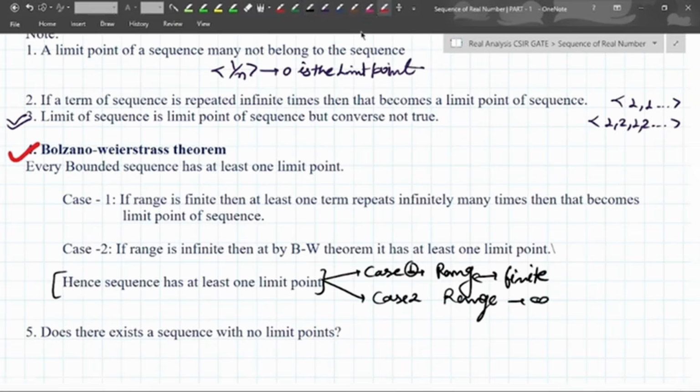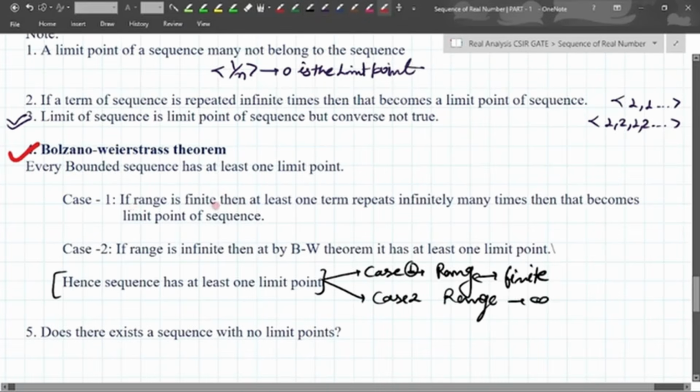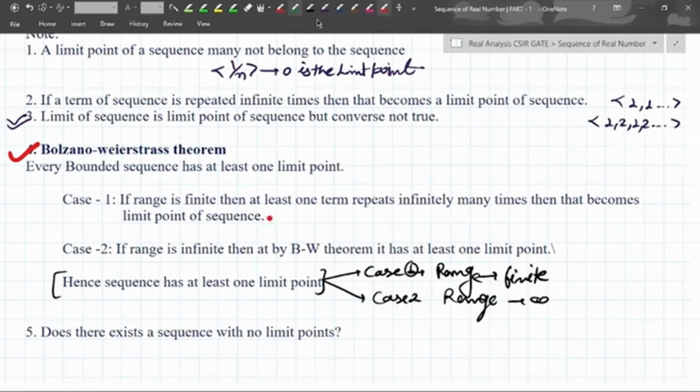First, if the range is finite, then at least one term repeats infinitely many times, which we have already discussed in the definition of range. That term becomes the limit point of the sequence. So in this case a limit point exists.